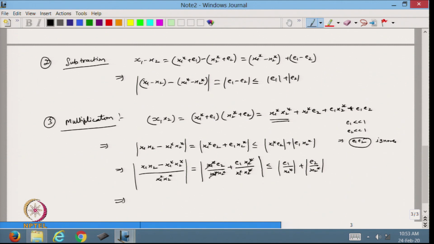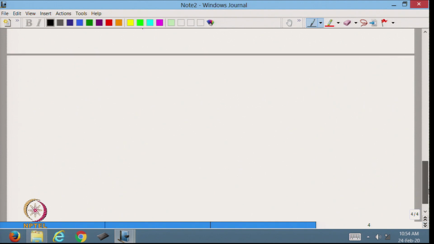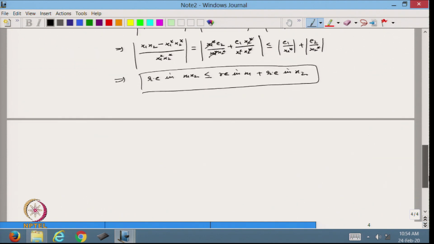So, from here I can say that the relative error in x1 x2 is less than or equal to relative error in x1 plus relative error in x2. So, we can have the upper bound in the relative error when we multiply the two numbers.